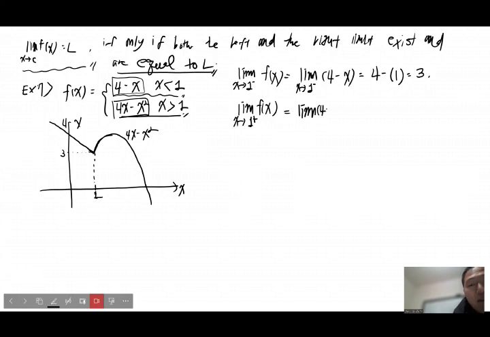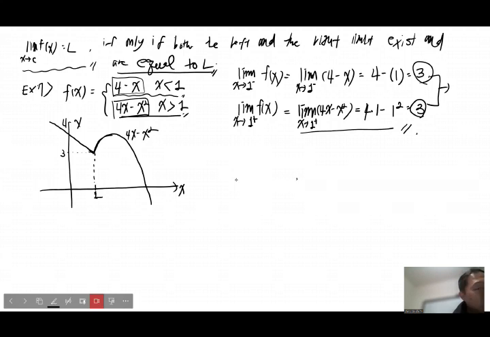So that is the limit of 4x minus x squared as x goes to 1 from the positive direction. That is 4 times 1 minus 1 squared, which is the same as 3. So as you can see, the value at the boundary between these two function types is the same, 3.